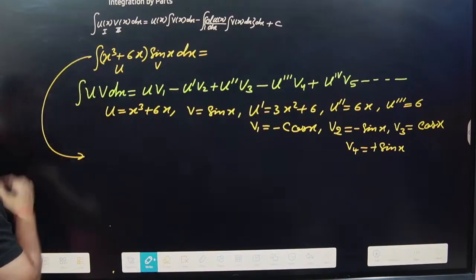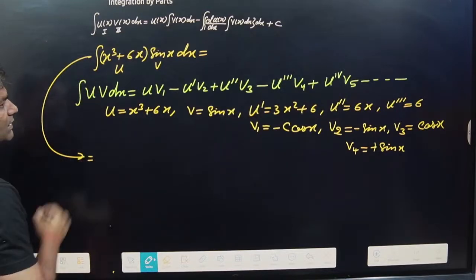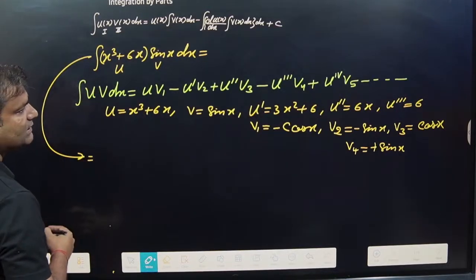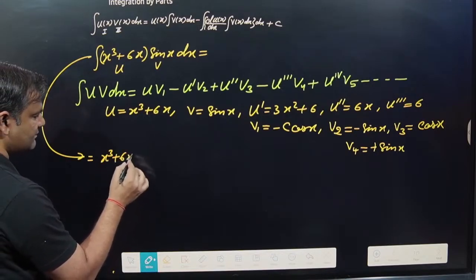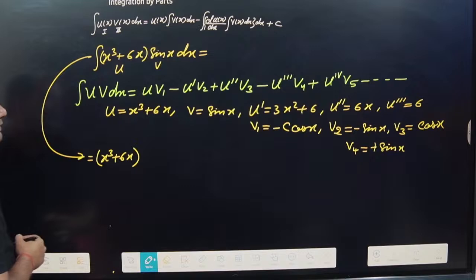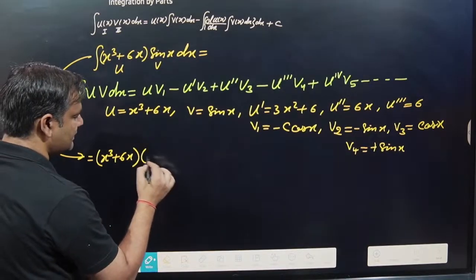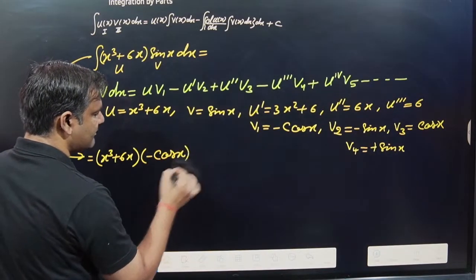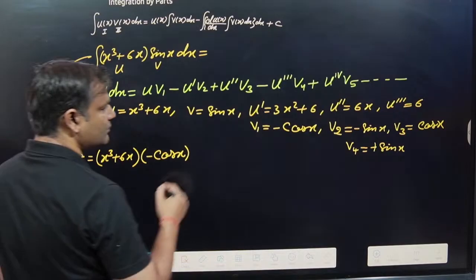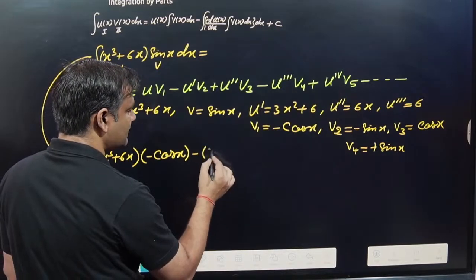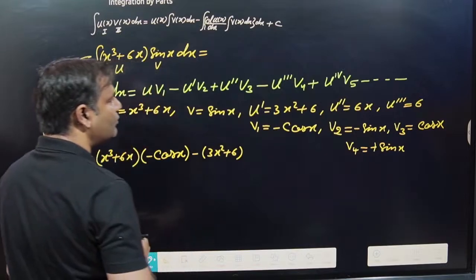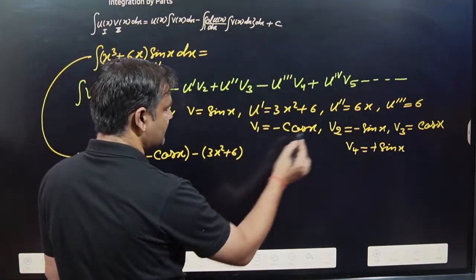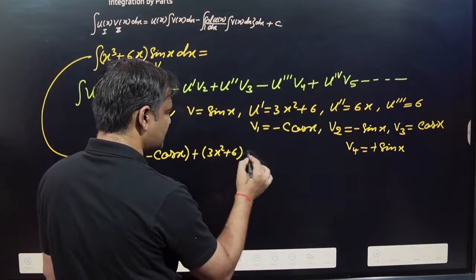Okay, so look here. Right now, u means x cube plus 6x, into v1, which is minus cos x. u prime means 3x square plus 6, into v2 which is minus sin x, so minus minus plus sin x.